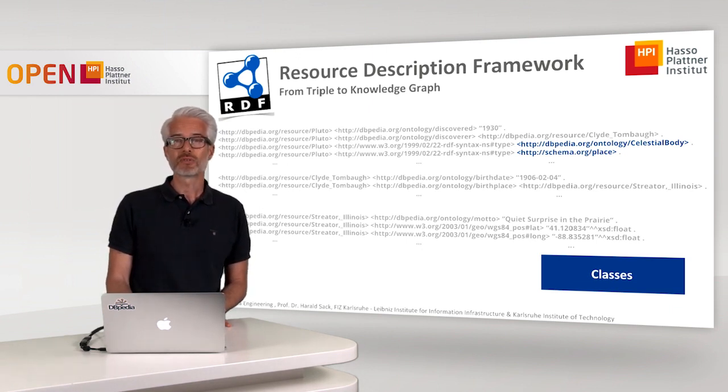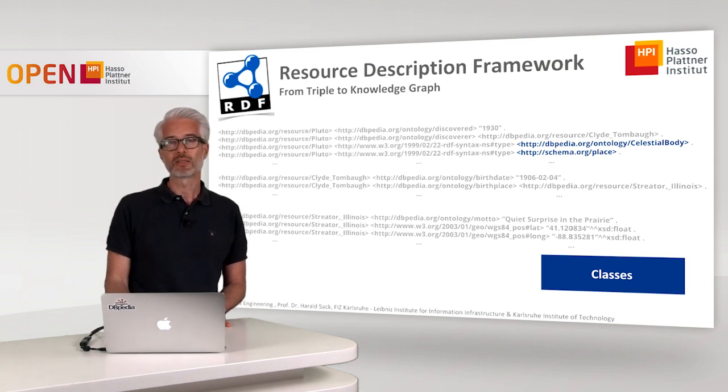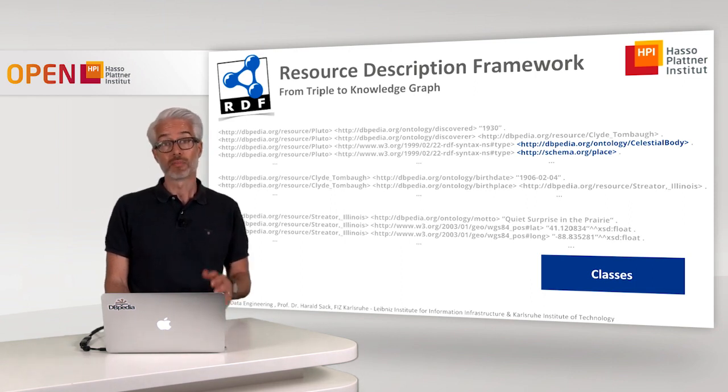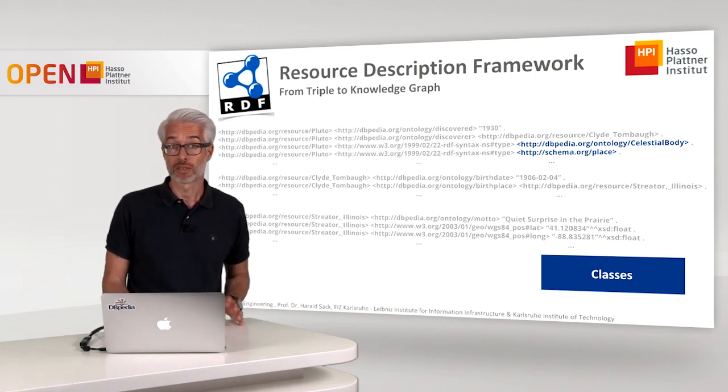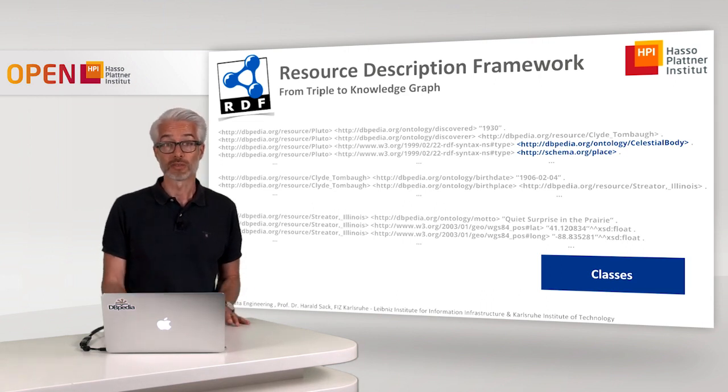And what you see here, for example, is that you have different URIs. So the celestial body we take from DBpedia, or the place we take from schema.org, which is another interesting vocabulary issued by the major search engine companies, for example Google, and which can be used to express knowledge. So this is a class for places, so for geographical locations. Interesting thing.